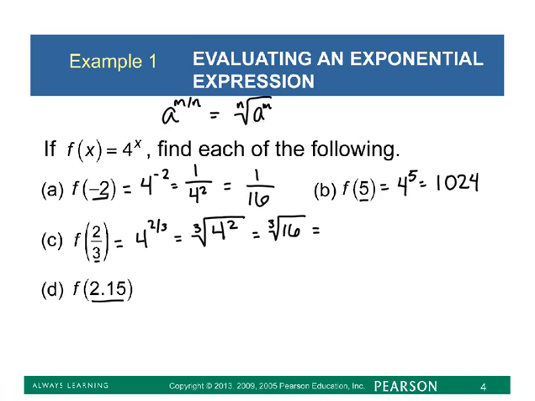And then that can be reduced because we should know that 2 times 8 is 16. And we can take the cube root of 8. So the cube root of 8 is 2. So we can take that out of the cube root and say 2 times the cube root of 2.